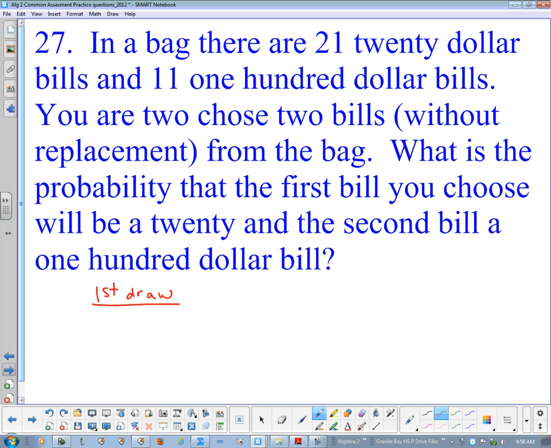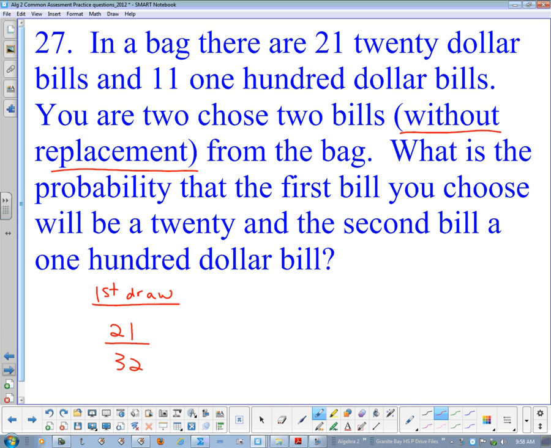First time you reach into this bag, what's the probability the first bill you choose will be a 20? How many 20s are there? 21. There are 21 out of how many bills altogether? 32. Very good. Now keep in mind it says without replacement. We're not putting the first bill back in.